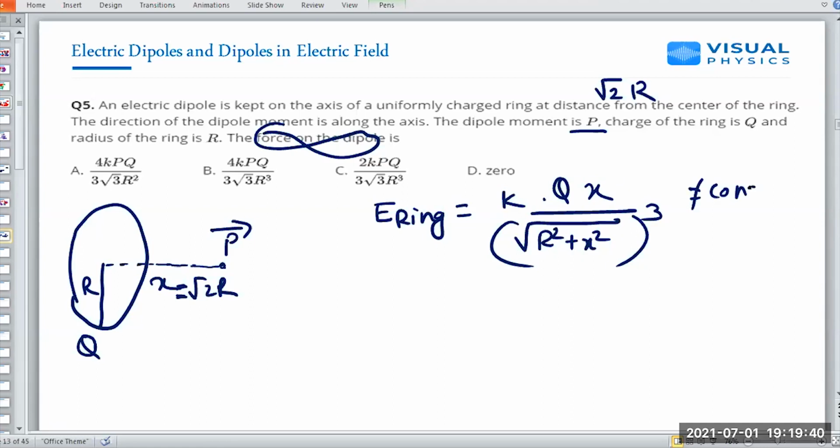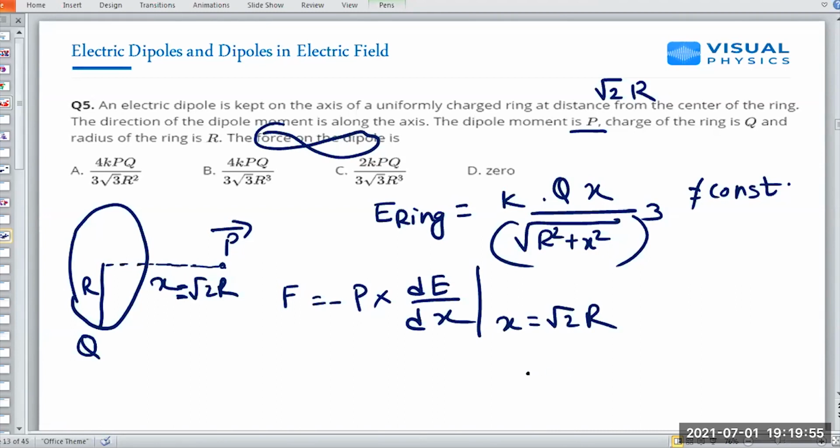It is not uniform. It is a function of distance. So my force will be minus P into dE by dx, where I will put x equal to root 2.